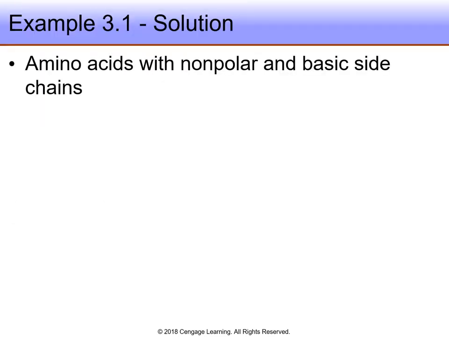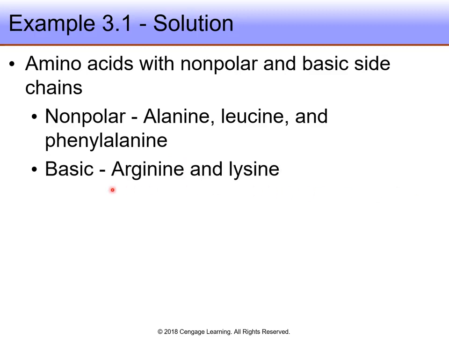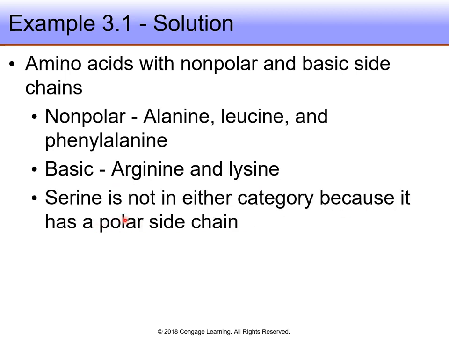And we can have the solution here. Amino acids with nonpolar and basic side chains. Nonpolar: alanine, leucine, and phenylalanine. Basic are arginine and lysine, as we said. Now serine is not in either category because it has a polar side chain. It is polar but uncharged.